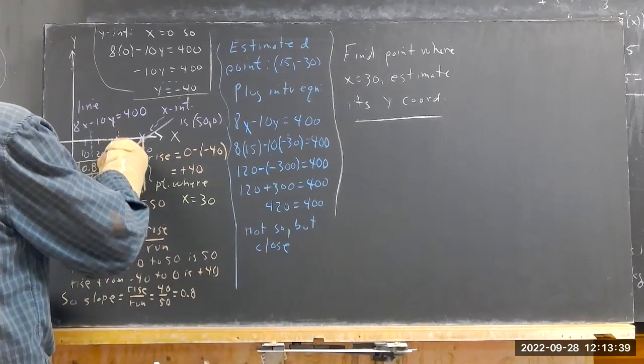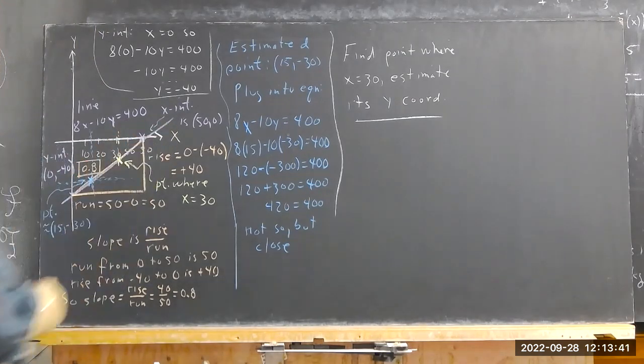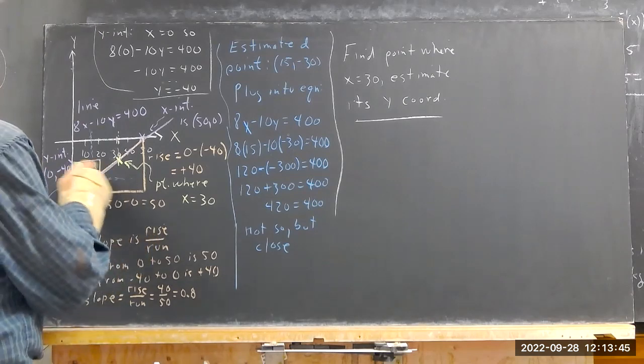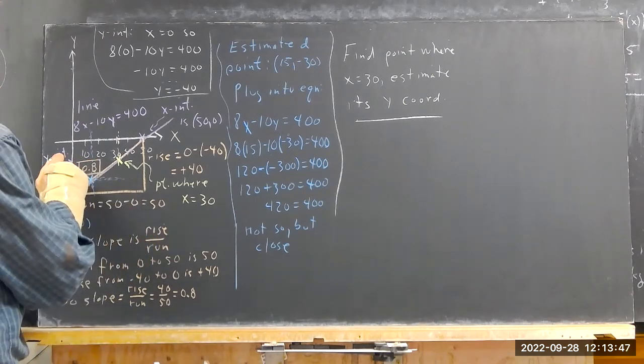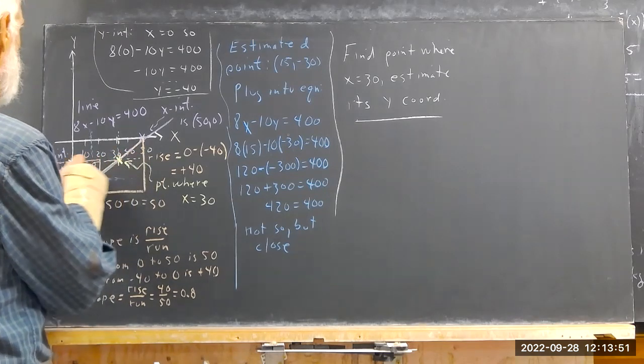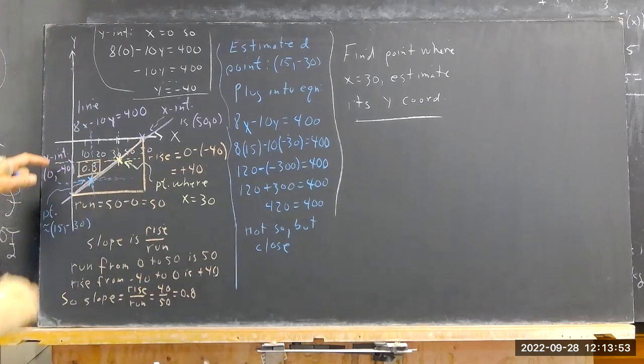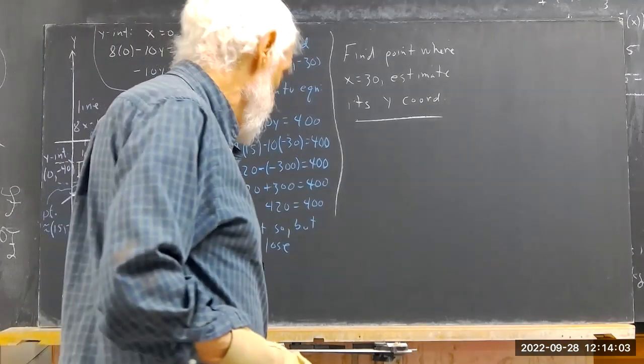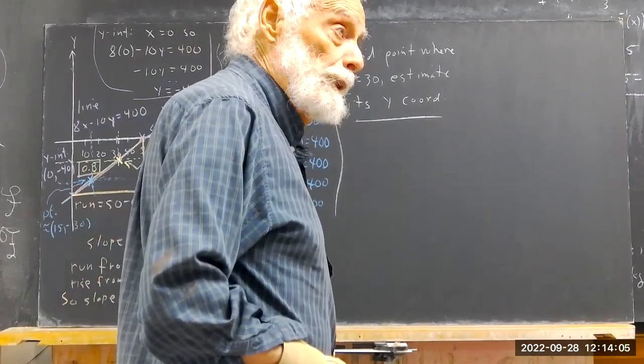So if we project upward, that looks more like 31 where I drew it, but that's just where I drew it. And then we project over here. And here's the line where people say y equals negative 20. And I'm real good with that answer. Okay. I think it's going to come out pretty close. But most people estimated negative 20.